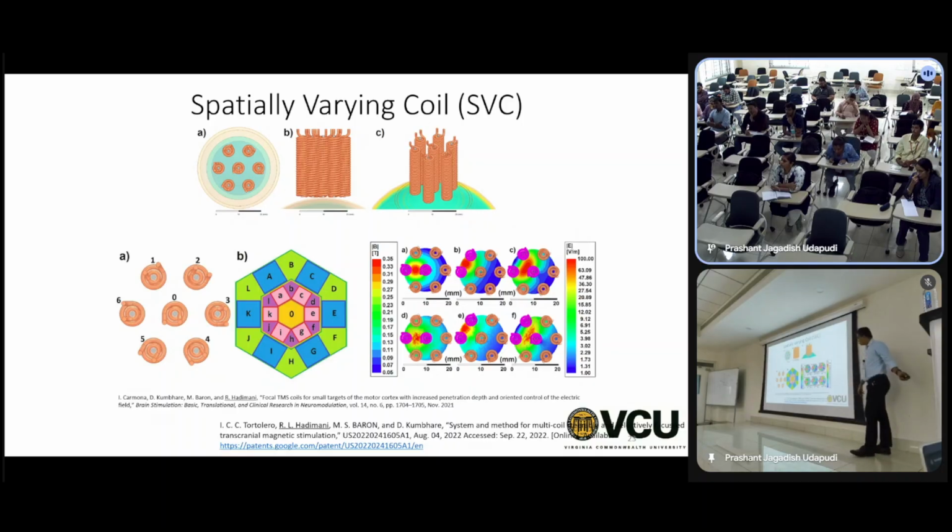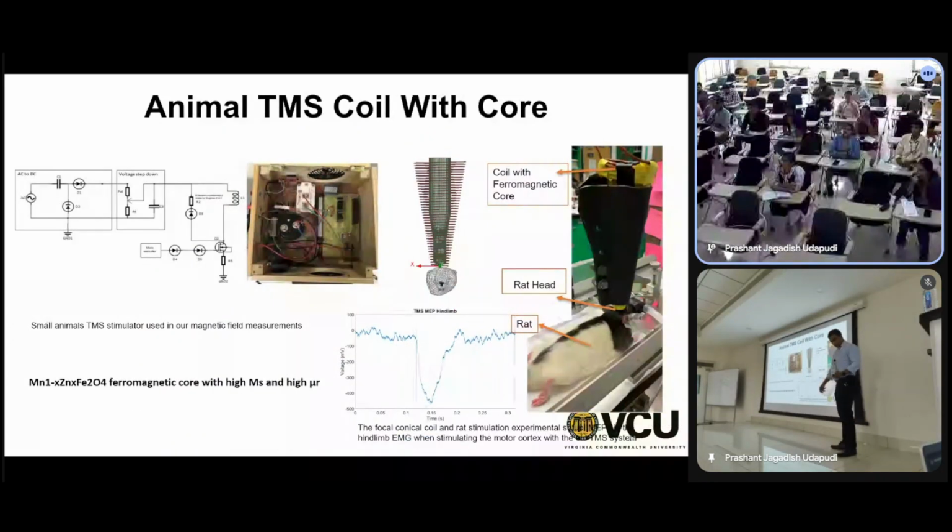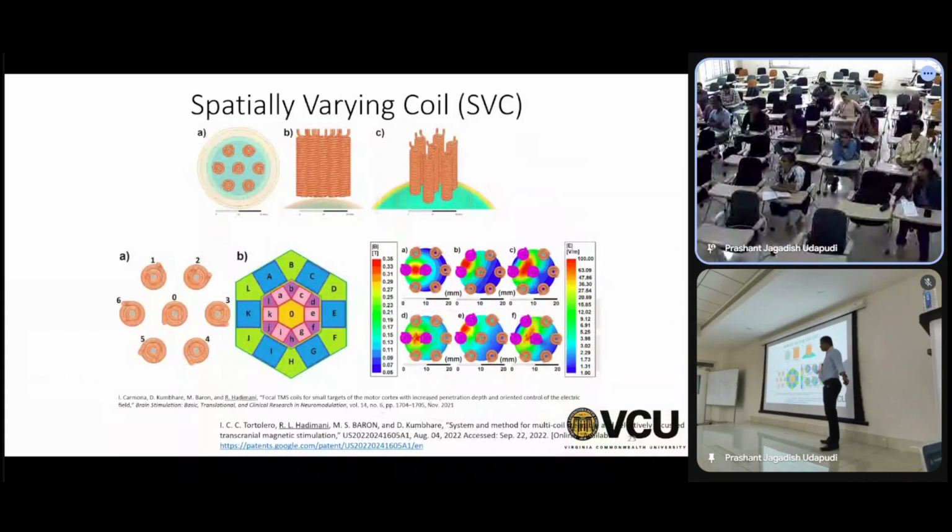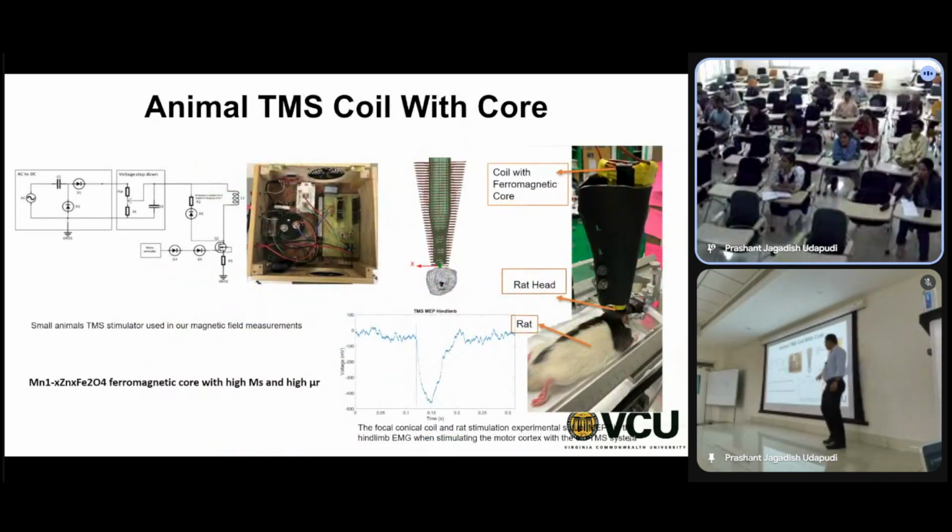Okay, but in order to test this, this is a modeling work, we have to first make one coil and make sure we are able to focus the coil to one area and generate sufficient field to make the neurons fire in a small animal like a rat, okay? And we did that.